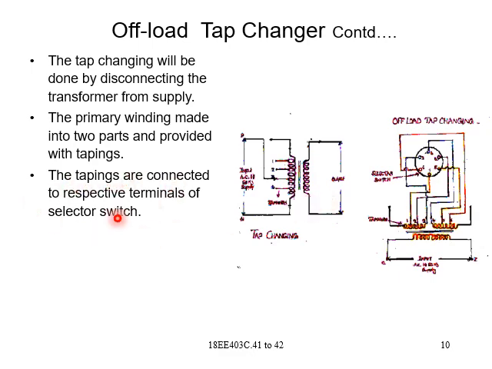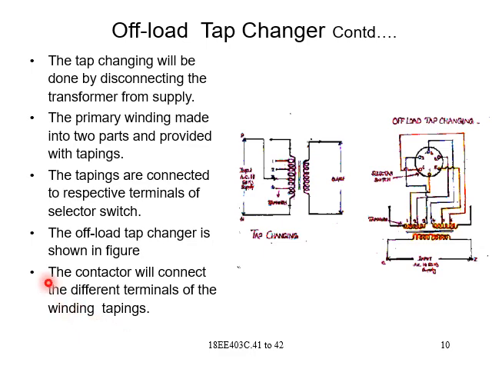So the tappings are connected to respective terminals of the selector switch. The offload tap changer is shown in the figure, and the contactor will connect the different terminals of the winding tappings.